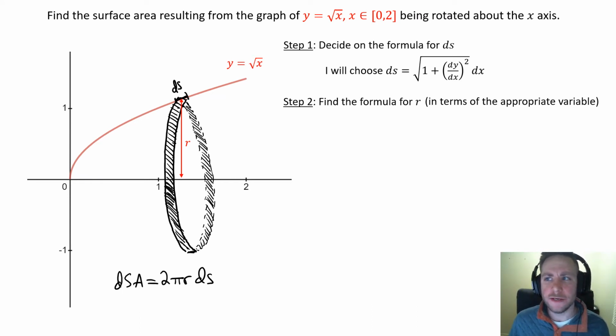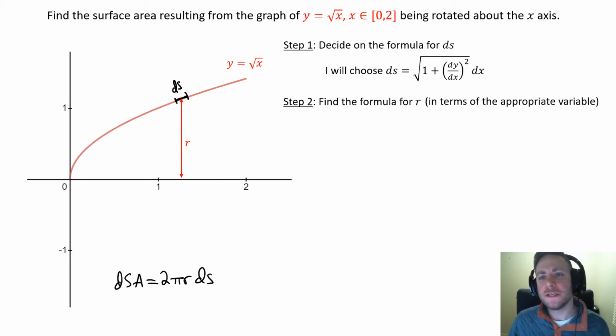Notice that, like with volumes of revolution, the information we need can really be seen from the two-dimensional diagram without any need to ever actually draw the ring, provided you're able to visualize the rotation in your mind. So in this case, our radius can be seen as the distance from our arc length segment to the rotational axis, as you see in the diagram.